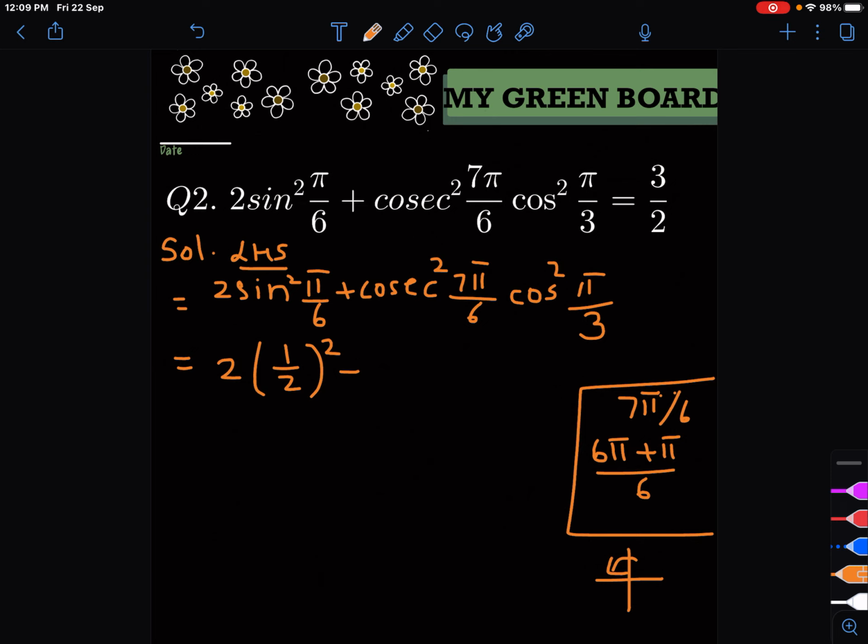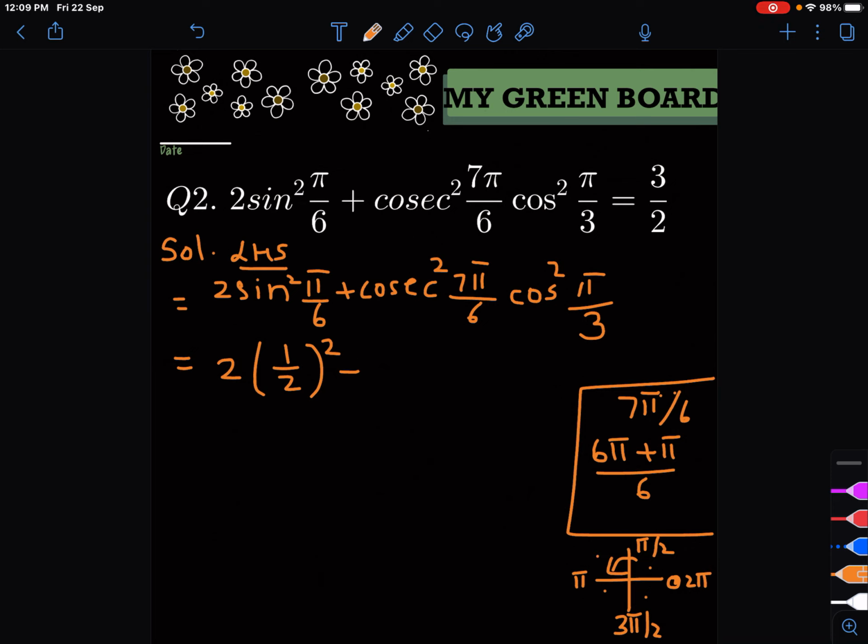Here this is pi by 2, this will become your pi, and this will be your 3 pi by 2, and this will be your 2 pi, 0, 2 pi, etc. This way your circle will come. So now this is the first quadrant, second quadrant, third quadrant, fourth quadrant.